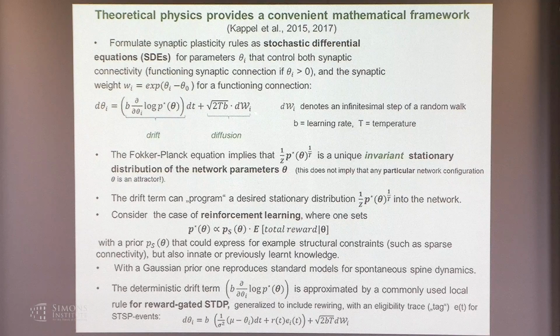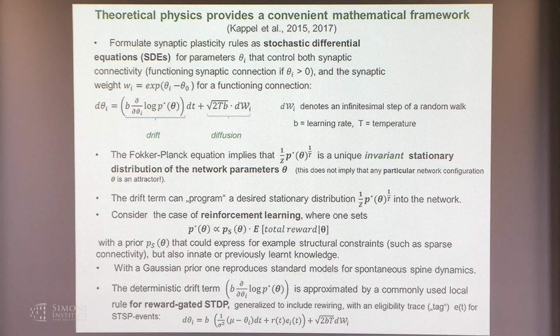It has an infinitesimal step of a random walk. So this is now a stochastic differential equation, no longer a differential equation or difference equation as one usually uses to write down plasticity rules. It has a drift term, which I discuss in a moment, and a diffusion term with a temperature parameter which scales how strong this random walk aspect of the synaptic plasticity is.